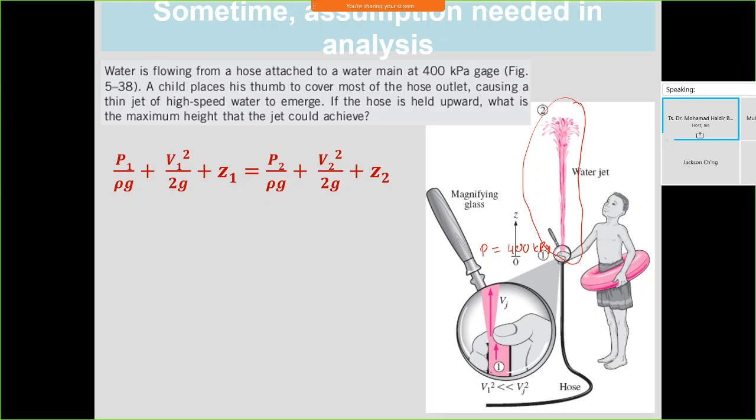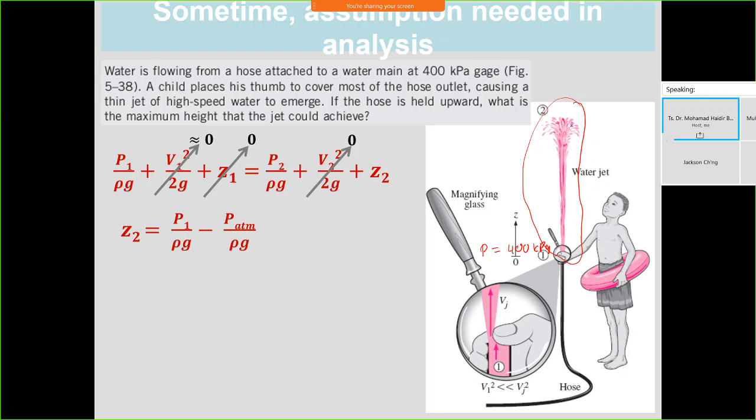So the velocity here can be assumed to be zero. Okay, Z1, we make it here as the datum. And then the pressure at point 2 is also zero. And then the velocity at point 2 is zero, because this is the maximum H that can be achieved.